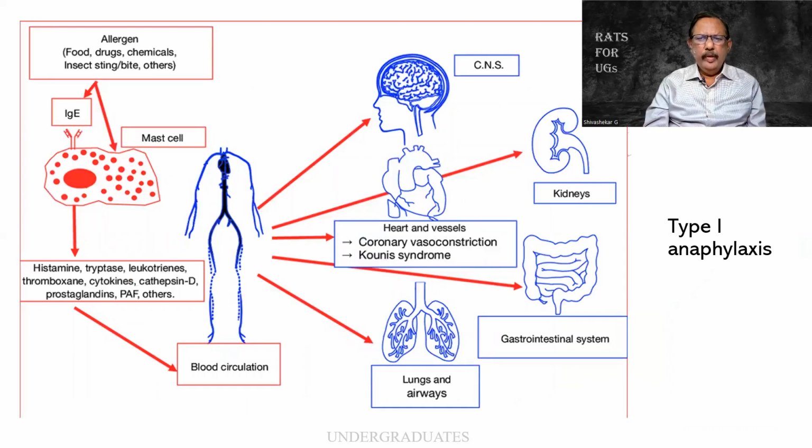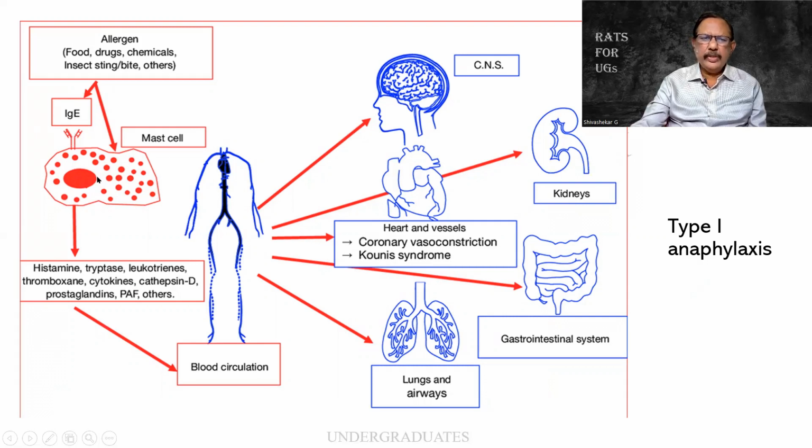Whatever be it, you find type 1 anaphylaxis is what I am trying to explain, though not in detail now. There can be an allergen, and on exposure to the allergen, there is an activation of the mast cell. There is a production of the IgE.